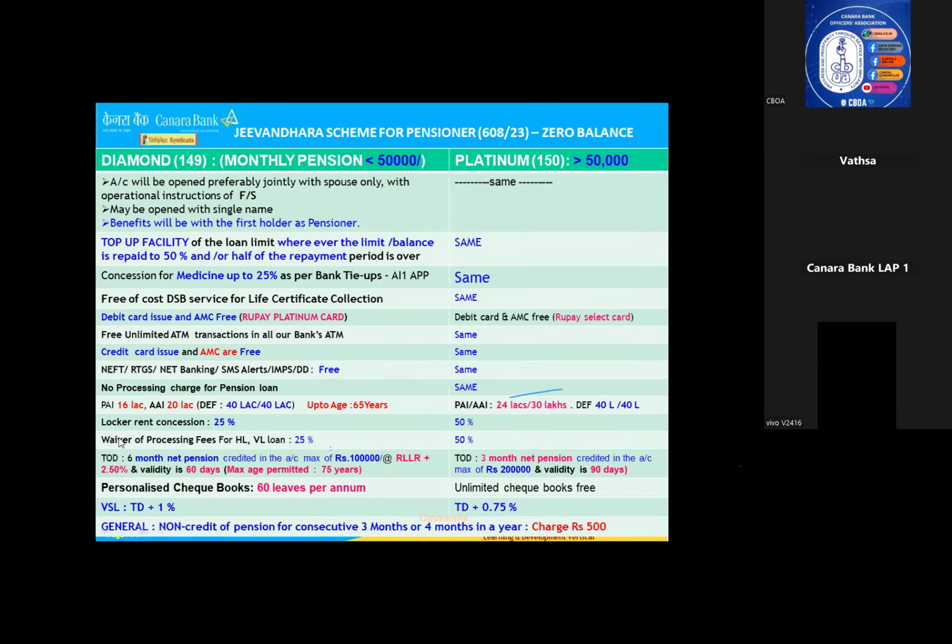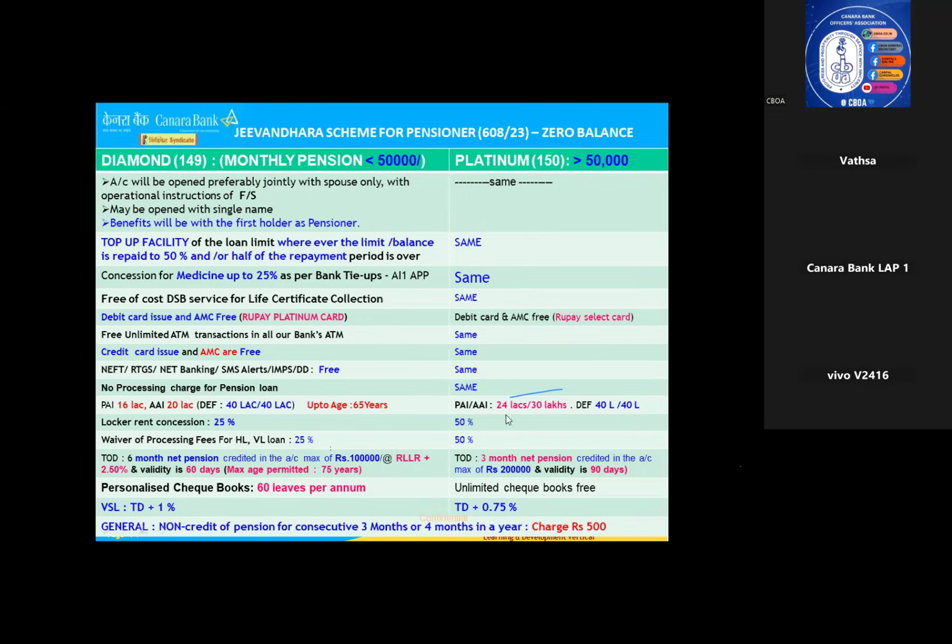Okay. Locker rent concession: first category 25%, second category 50%. So wherever there is a change, we have to remember because questions may come on that. Waiver of processing fees for housing loan and vehicle loan is 25% and 50%. For TOD, 6 months net pension should have been credited, then only they will get the credit.